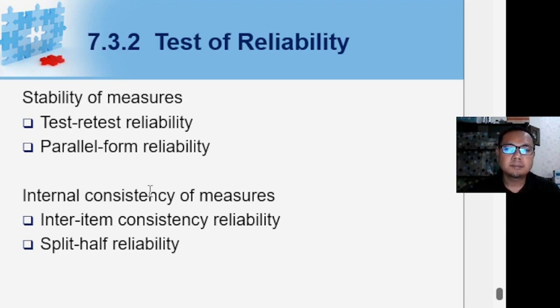From 10 answers, maybe up to 9 people will tick strongly agree, for example, or just agree in number 4. Maybe only one will suddenly put strongly disagree. So that means, okay, your item is quite reliable in terms of consistency.